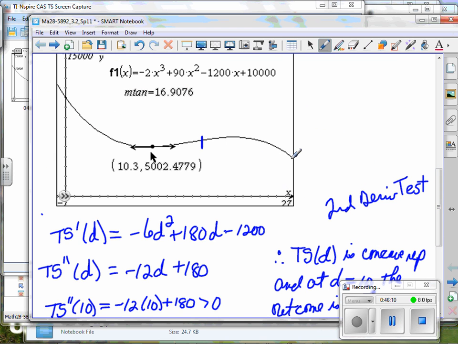If I look at this function and I realize that this thing's going to continue on, is there a point where the outcome is less than 5,000? Yes. All we're talking about, though, is in this little neighborhood, this area of $10 million being invested in advertising. In that amount, the total sales is 5,000.